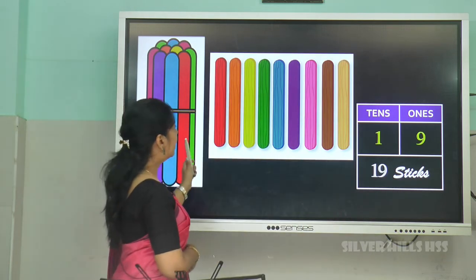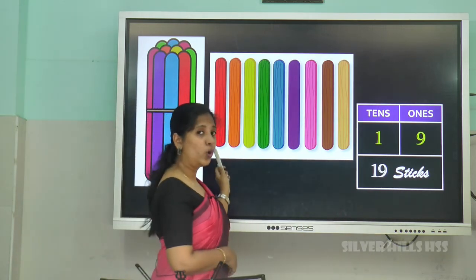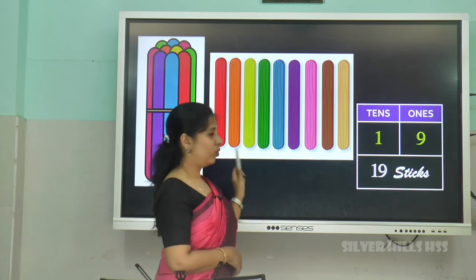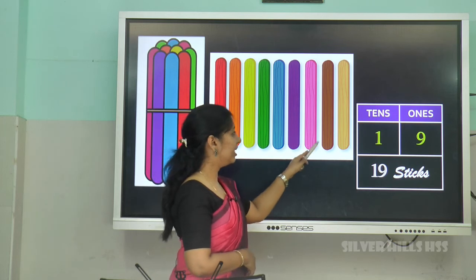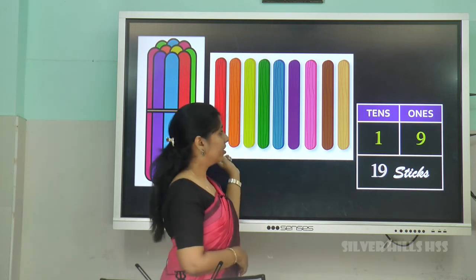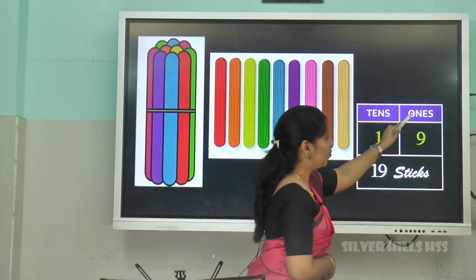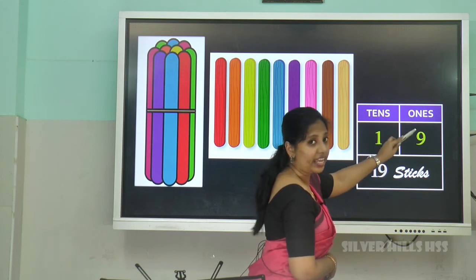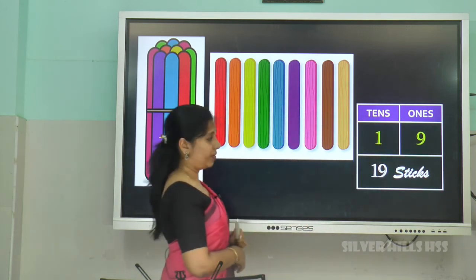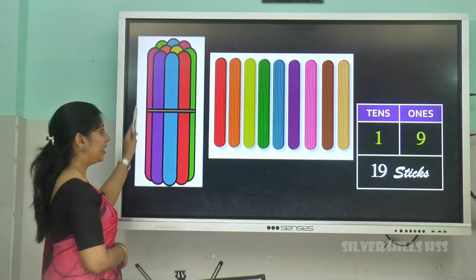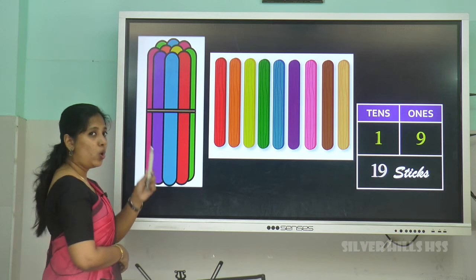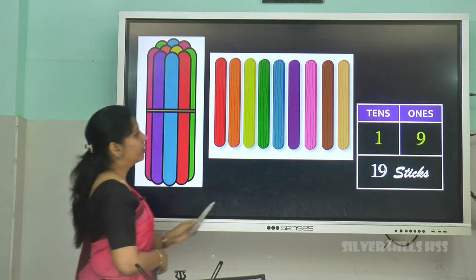You can see 9 sticks here. So, 9 ones. 1, 2, 3, 4, 5, 6, 7, 8, 9. Okay. So, 9 sticks. So, we will write 9 in ones position. And we have a bundle of 10 sticks. So, 1 tens.